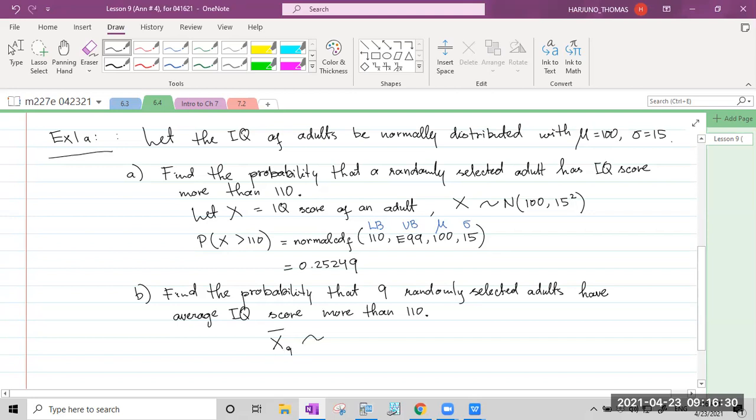According to the central limit theorem, it will be normally distributed with mean 100, the same mean as the original distribution. This is the original distribution.